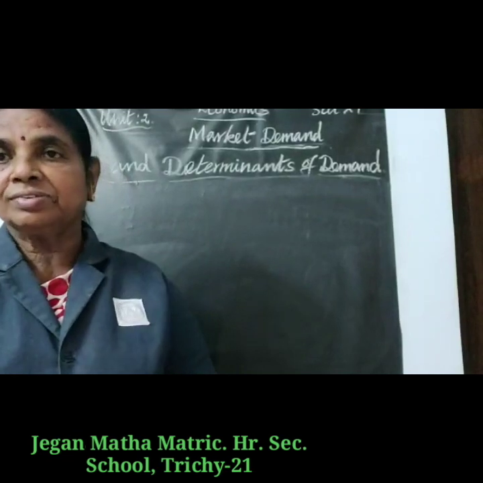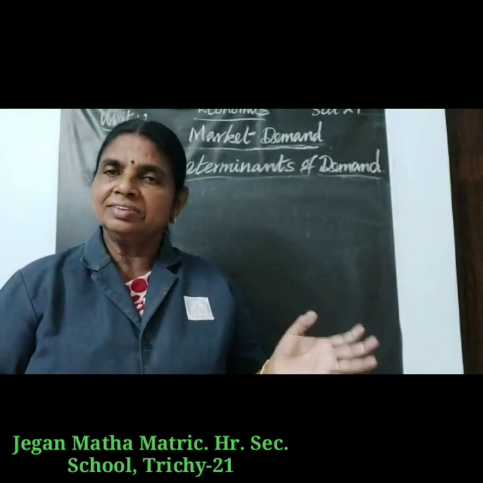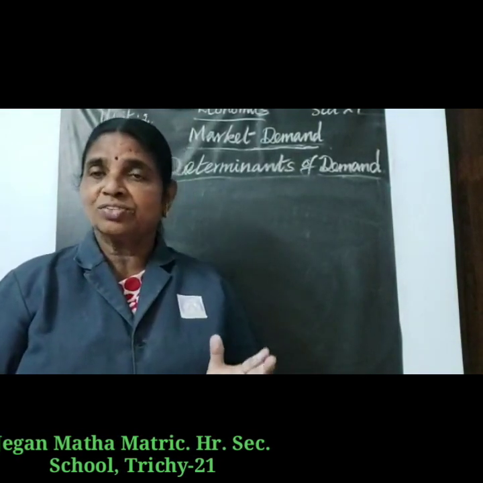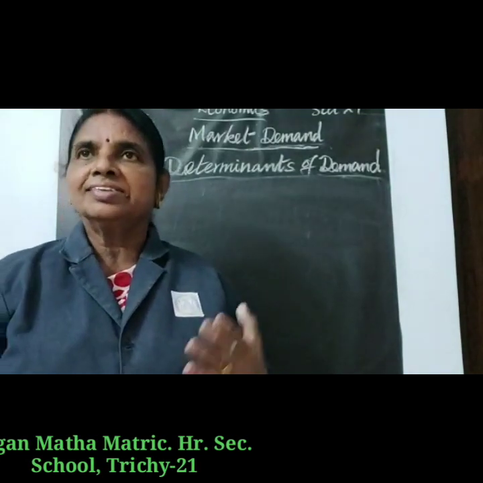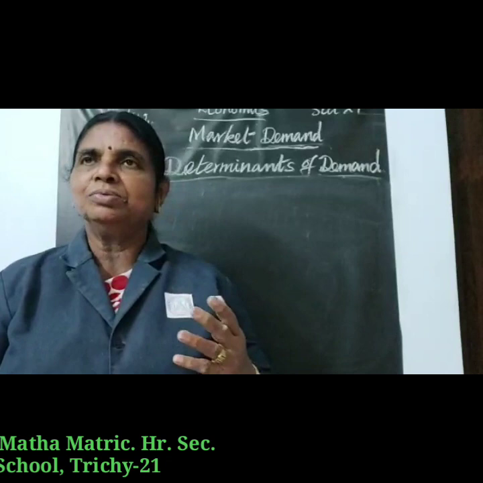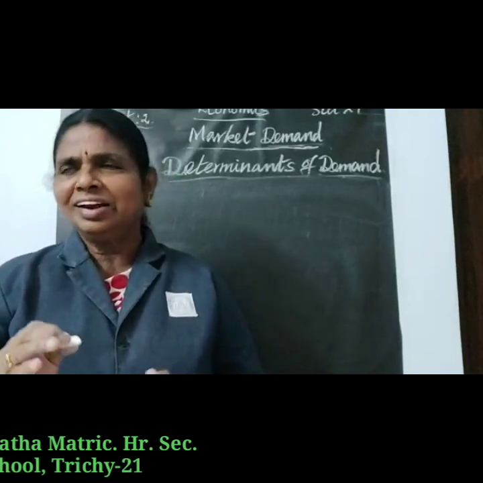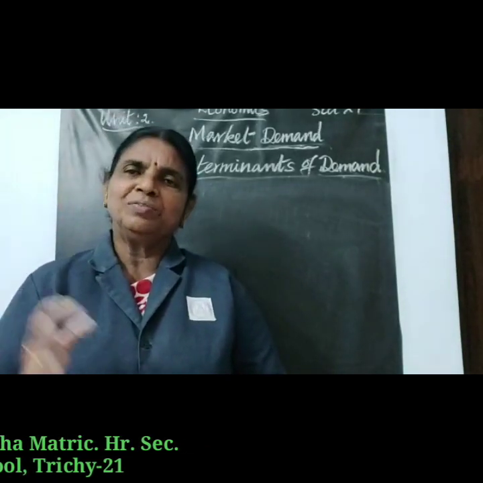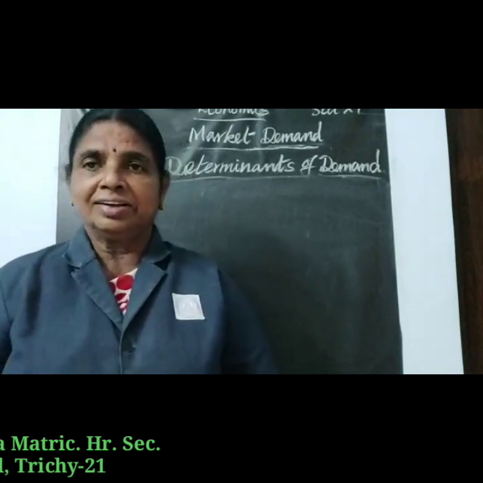There are determinants of demand. First, changes in taste and fashion also result in an increase in demand. Secondly, changes in weather. An unusually dry summer results in an increase in the demand for cool drinks and ice creams.